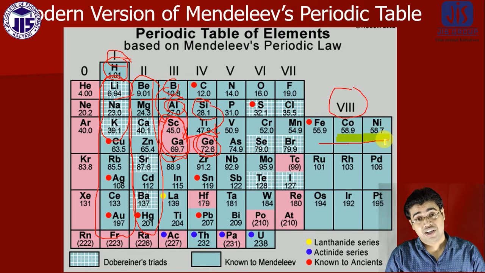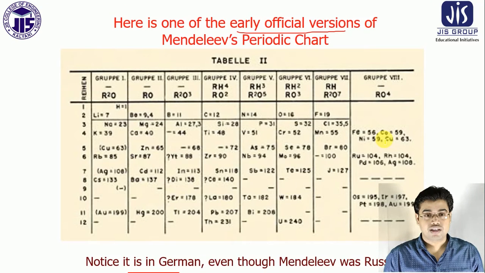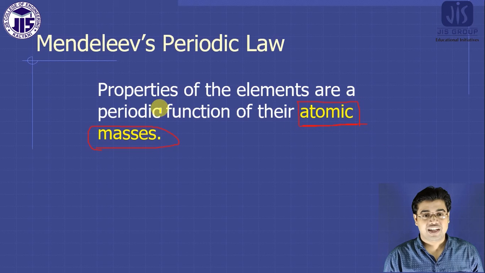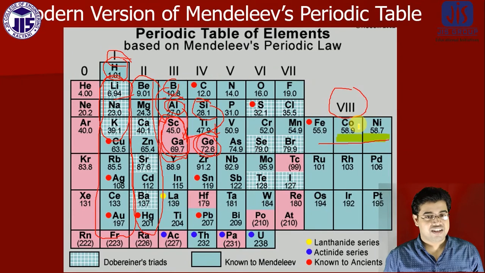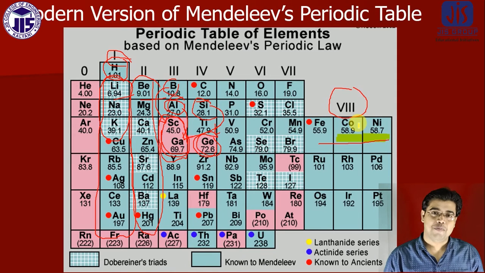Now think, what is the principle of Mendeleev's periodic table? Look here, the properties of the elements are a periodic function of their atomic mass. That means we have to follow increasing order of atomic mass. That was the principle of Mendeleev, but that was not followed exactly.